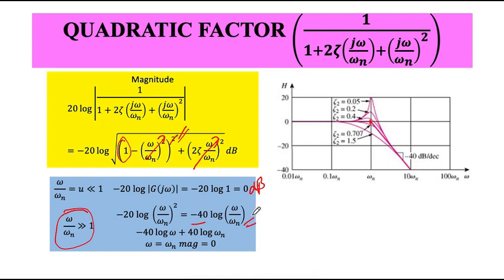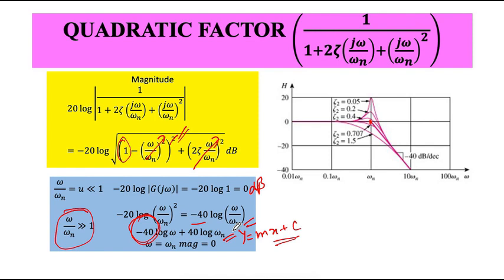Then again it can be written as minus 40 log omega plus 40 log omega n, correct? So again it's in the form of a line, y equals mx plus c, a straight line with a slope of minus 40 decibel per decade, and the intercept is 40 log omega n.